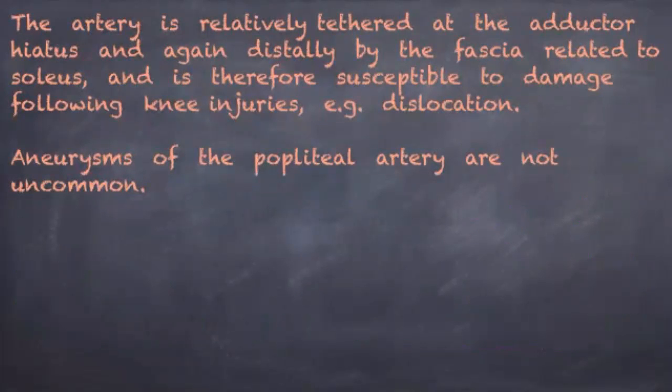The artery is relatively tethered at the adductor hiatus and again distally by the fascia related to soleus, and is therefore susceptible to damage following knee injuries, for example dislocation. That means it is more prone to injuries.